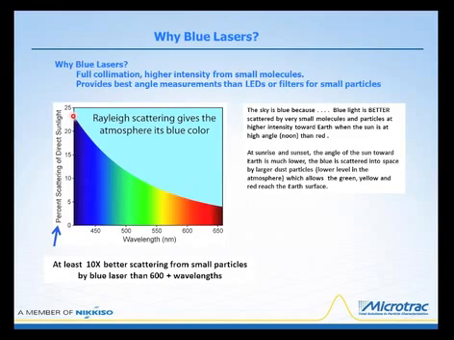Those small molecules and small dust particles in the atmosphere scatter the light very well compared to the reds that are in the visible spectrum. Thus, during the daylight, the high scattering from the small particles preferentially scatters the blue region of the sunlight very strongly compared to the other colors.